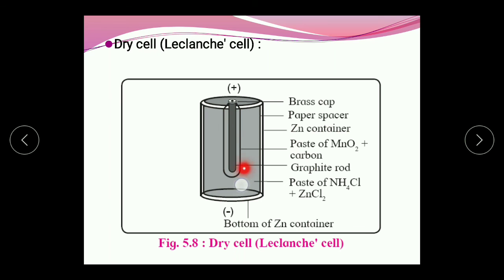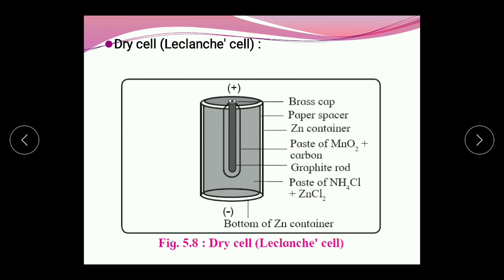Immediately surrounding the graphite rod, there is a paste of manganese dioxide and carbon. Immediately around the center graphite rod, there is a paste of MnO2 and carbon. And the remaining part between the cathode and anode, that is the paper spacer, is filled with a paste of ammonium chloride and zinc chloride.